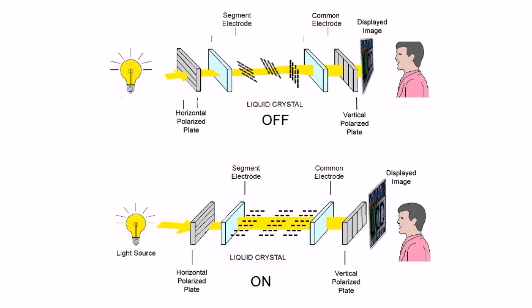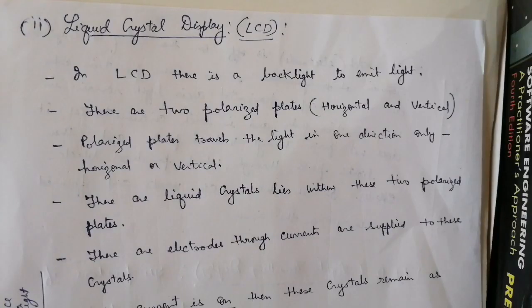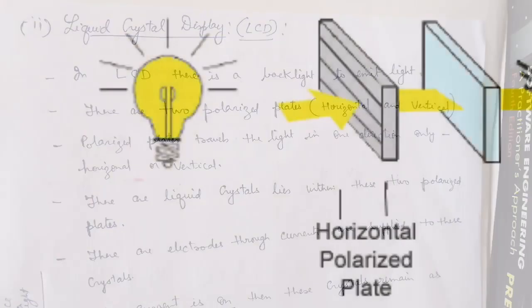In CRT, there was an electron gun and we supplied current to the metallic base and then everything happened. Here LCD contains one backlight. That backlight is a fluorescent light, CCFL, which is known as cold cathode fluorescent light.